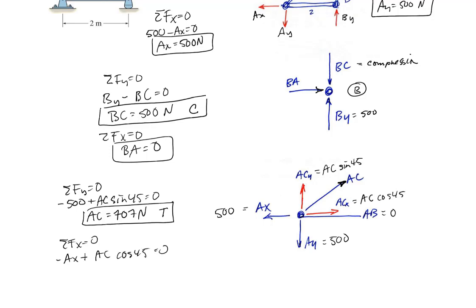I've already solved for Ax is equal to 500. Dividing that by cos 45, I can see that AC is equal to 707. So again, it's also positive in the direction I drew my arrow, so it is a tension member. So it doesn't really matter how you get there. It's a bit redundant. You don't have to do both of those things once you find the force in the member, but you can do it either way when you solve them.